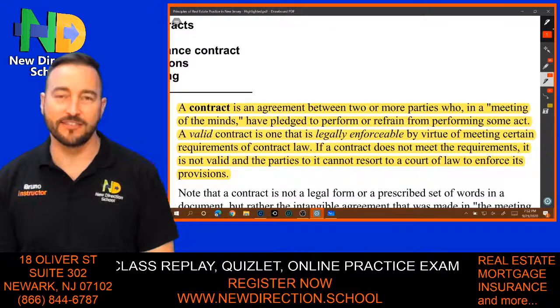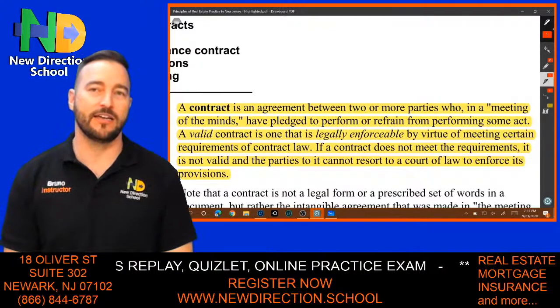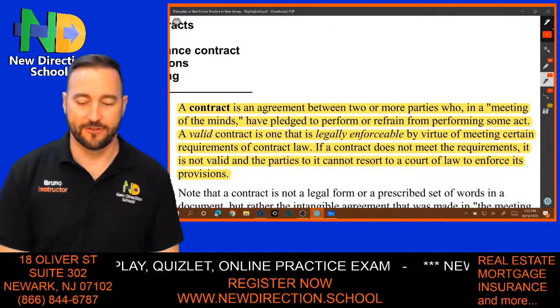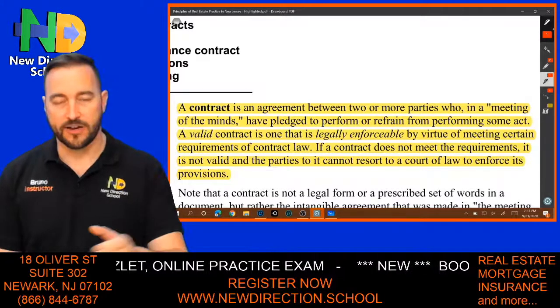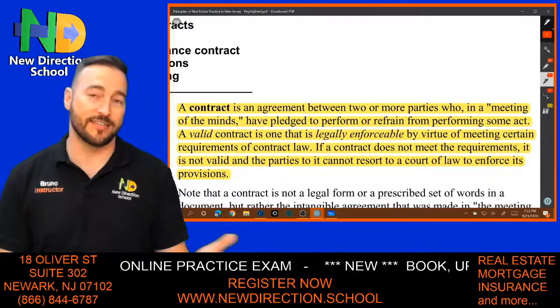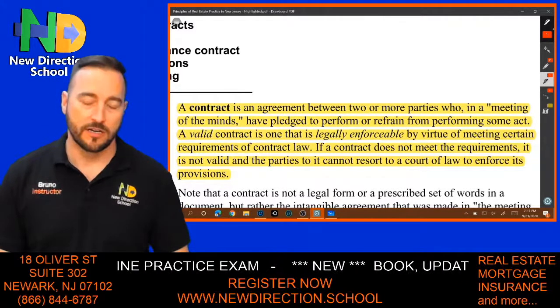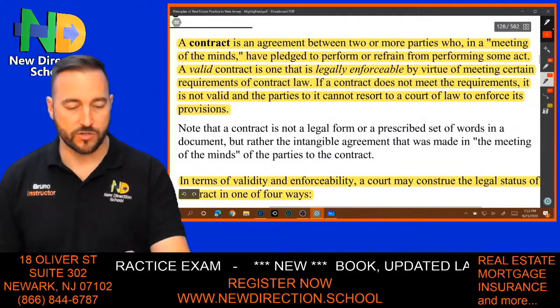And a valid contract is the one that is legally enforceable by virtue of meeting certain requirements of contract law. If a contract does not meet the requirements, then it's not valid. It could be a void contract, okay? So you cannot take them to court.